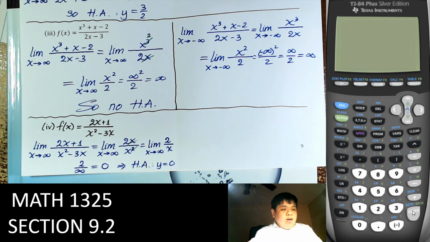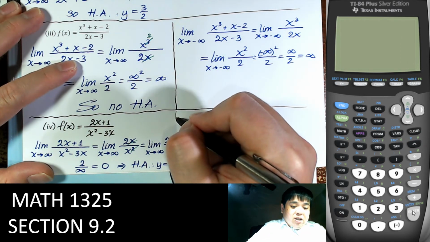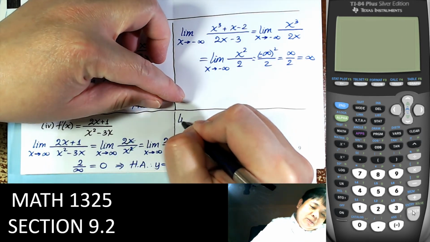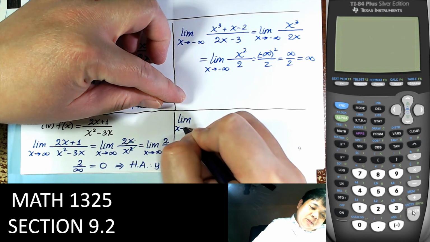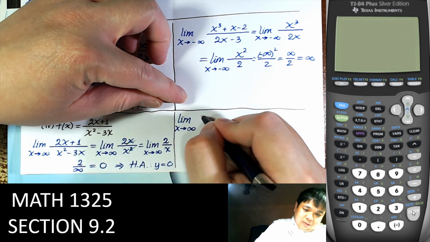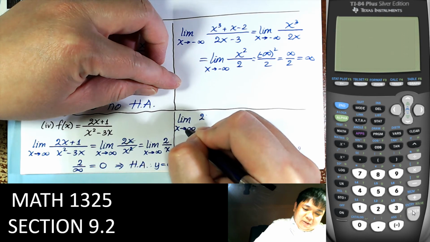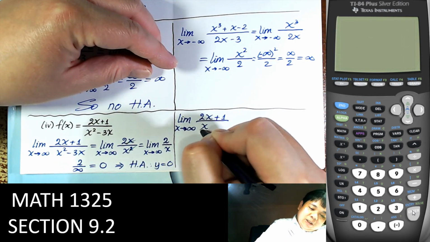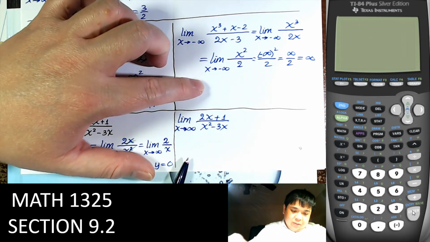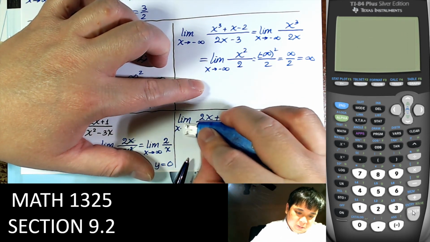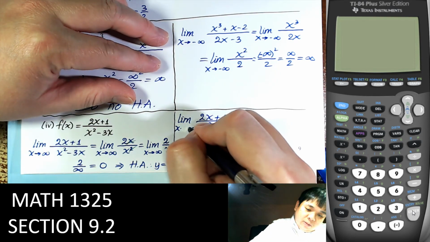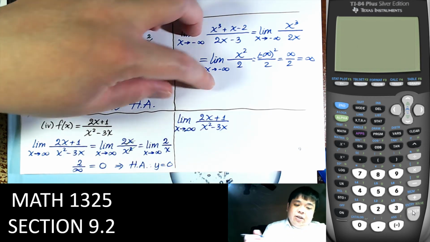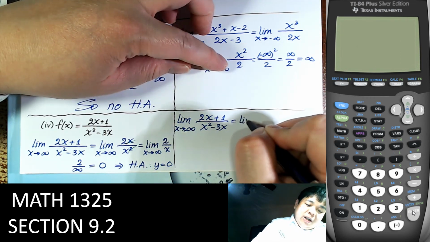So to find the horizontal asymptote, I just find the limit as x goes to infinity and x goes to negative infinity. Now when x goes to negative infinity, once again, take the highest power term.